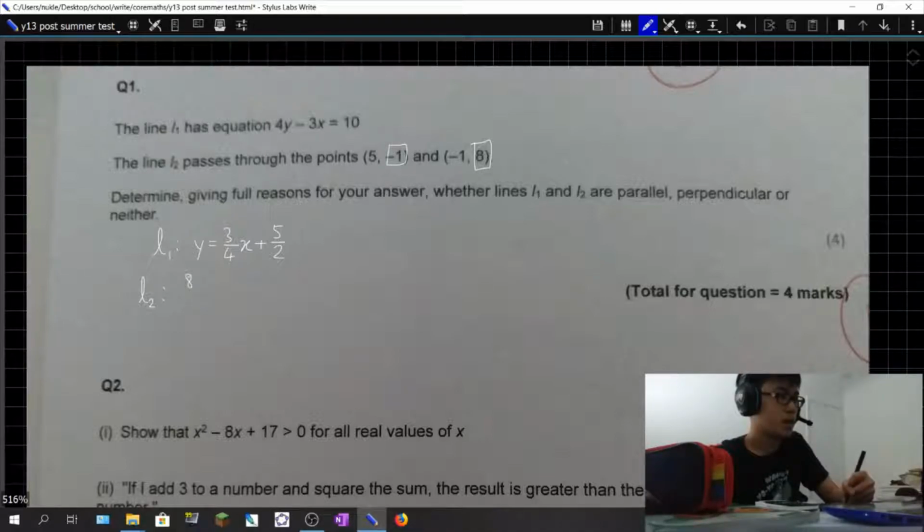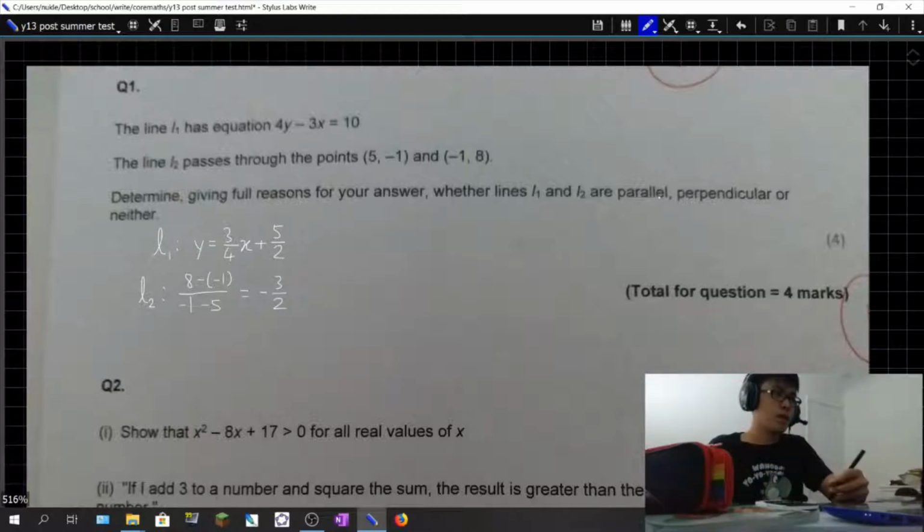So that's 8 minus negative 1, which is going to be 8 plus 1. And then we have negative 1 minus 5. That's the difference in x. And that's going to be equal to, the top is going to be equal to 9, and the bottom is going to be equal to negative 6. Yep, looks like it. So that's going to be negative 3 over 2.